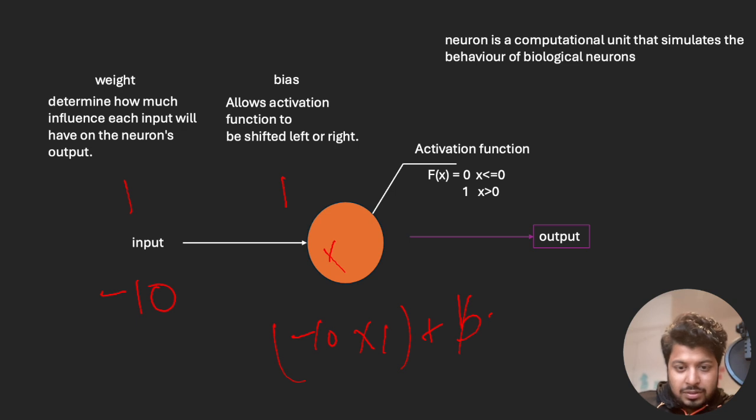So it is minus 10 into 1, which is minus 10, plus 1, which is equal to minus 9. Perfect. Now x is equal to minus 9. Now on top of this minus 9, we will apply the activation function. So f of x, with x less than or equal to 0, our output here would be 0. That means this neuron is not activated at all.